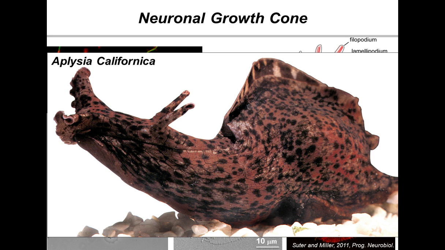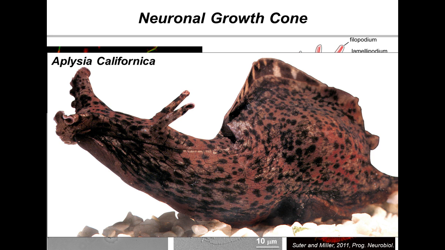The microtubules are predominantly in the central domain, but they also penetrate into the periphery, as you can see in the schematic, and they interact with the F-actin cytoskeleton. And these interactions and both cytoskeletons are really important for neurite outgrowth, growth cone motility, and growth cone guidance.